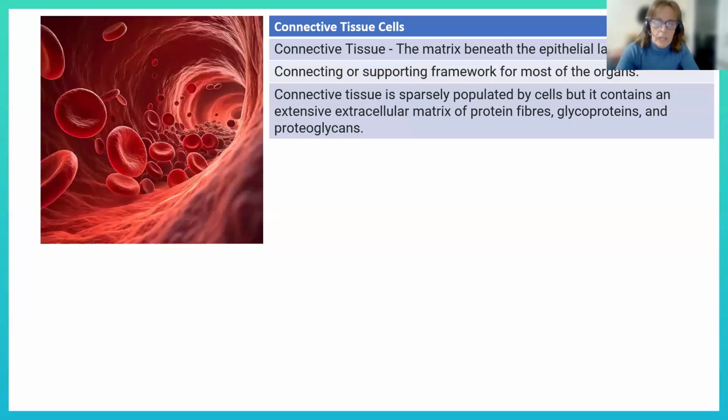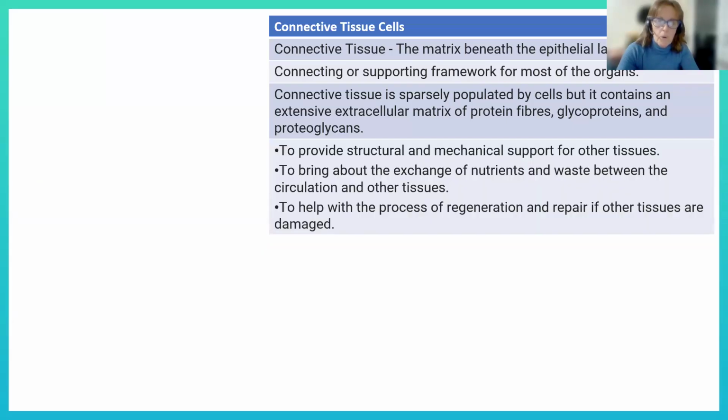Blood has got a lot of stuff outside the cells. And this could be glycoproteins, so again, proteins with sugars or carbohydrates attached, and proteoglycans as well, another type of molecule.